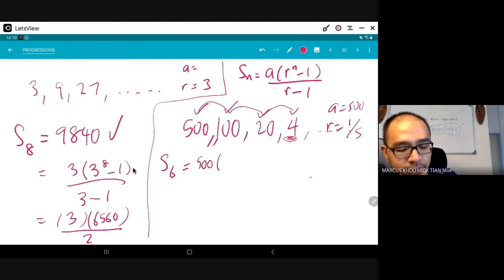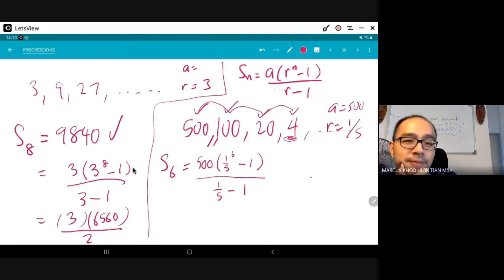500 times 1 over 5 to the power of 6 minus 1, divided by 1 over 5 minus 1. Okay, careful with this. 1 over 5 to the power of 6 minus 1 will give you negative 0.999936.